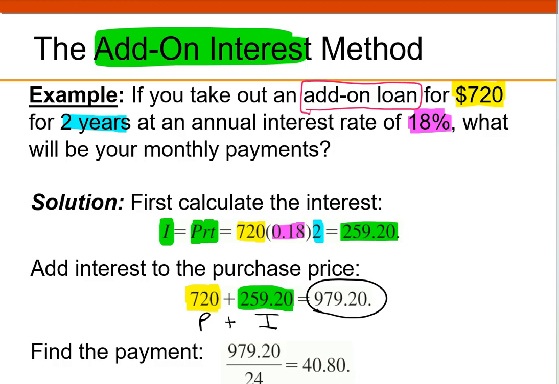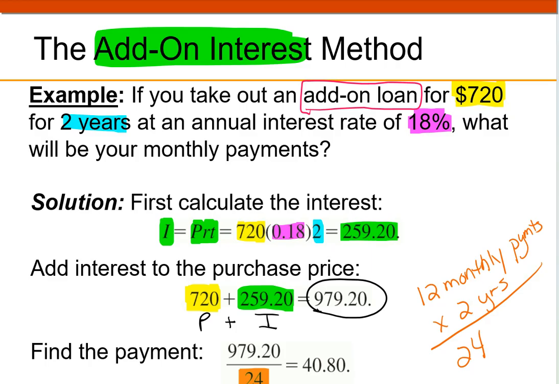And then, because it's for 2 years, it's going to be 24 payments. You're going to make 12 monthly payments for the next 2 years. 12 times a year for the next 2 years means you're going to make 24 installments.